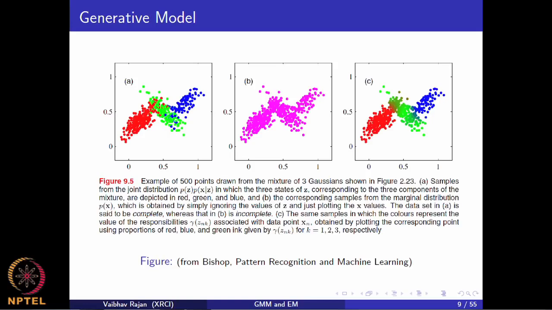So all these points have been given the responsibility corresponding to component 1 or component red here. The blue component is responsible for all these data points, green component for this, and here in the border it is a mixture of green and blue depending on what probability values are assigned, right. So this is one example of soft clustering.